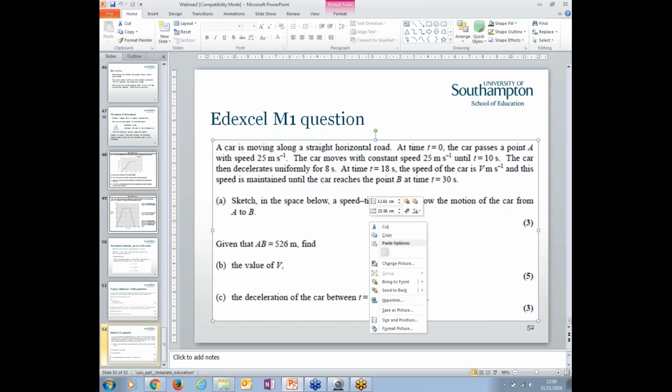So the AS is made up of C1 and C2, so those are core modules, plus one application, and that can be decision maths, mechanics, or statistics. So that was D1, S1, I can't remember what order I said it in, but M1 is mechanics, D1 is decision, S1 is statistics. At A level, you can then go on to do S2, D2, M2. So that's what the M1 stands for. It's just the first applied module for mechanics.